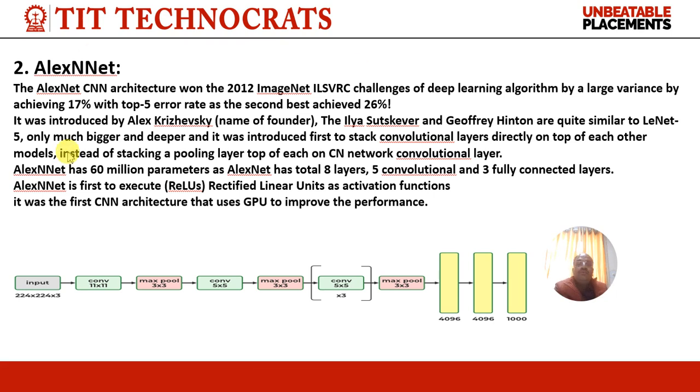And here we discuss the next CNN architecture, called AlexNet. The AlexNet architecture won the 2012 ImageNet ILSVRC challenge. You can say this was the winning case of the 2012 challenge for a deep learning algorithm by a large margin, achieving a top 5 error rate of about 15%, while the second best achieved 26%.